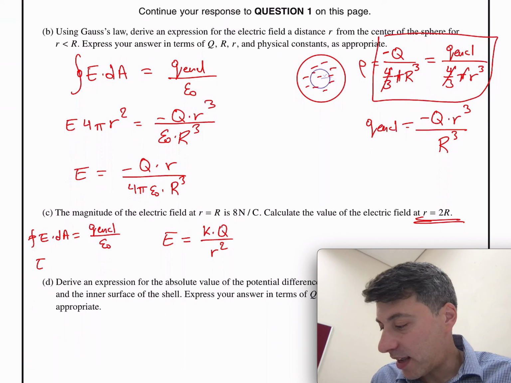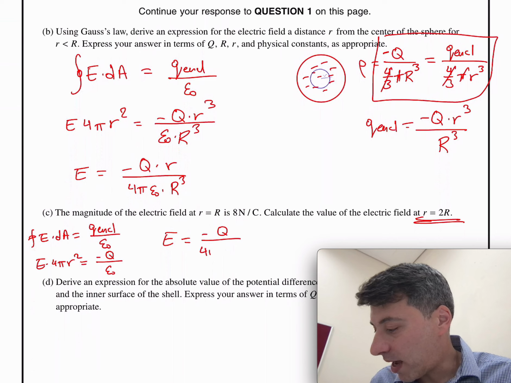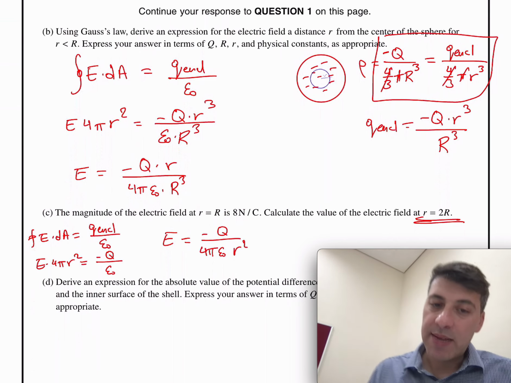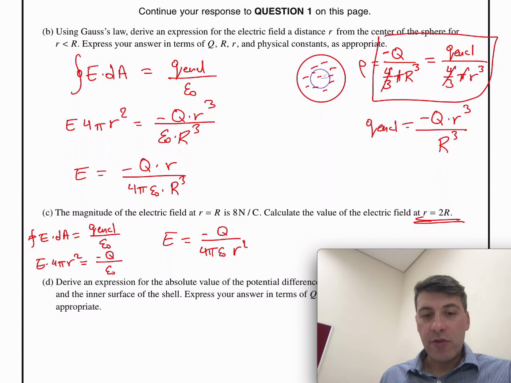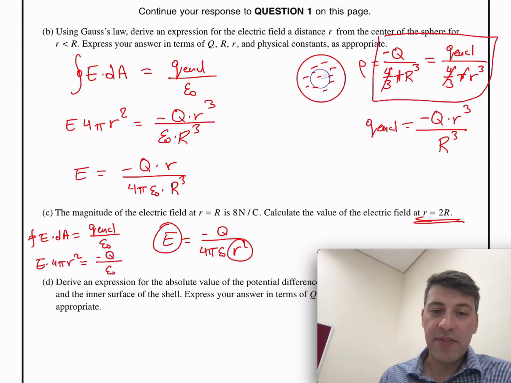So again, electric field times 4 pi r squared is equal to minus q over epsilon 0, and from this we get again that the electric field is minus q over 4 pi epsilon 0 r squared, which is the same expression that we had before. And from this we understand that the electric field and the distance are inversely proportional.